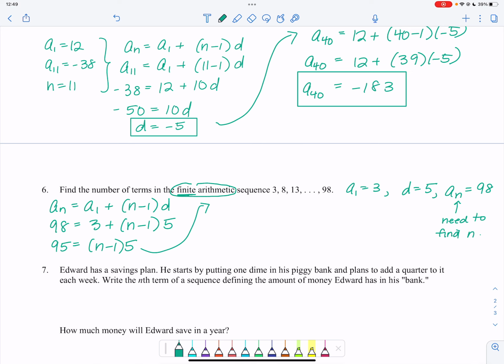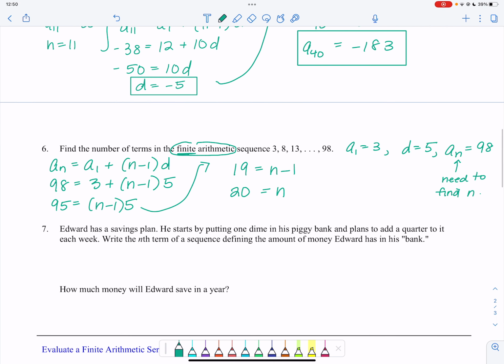Now we have 19 equals n minus 1. Adding 1 to both sides, we have n is equal to 20. So we have 20 terms in this sequence.